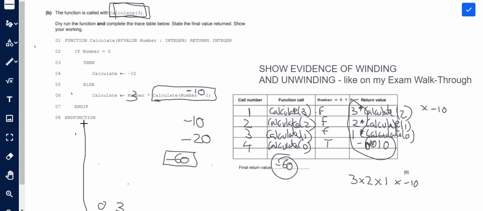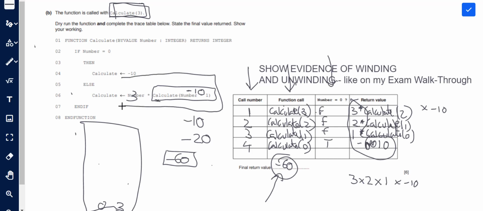So my first method of showing you was to get to that. This is how many times it's called, this is what's being passed in, this is if it's false or true, and this is a return value based upon us running this here.